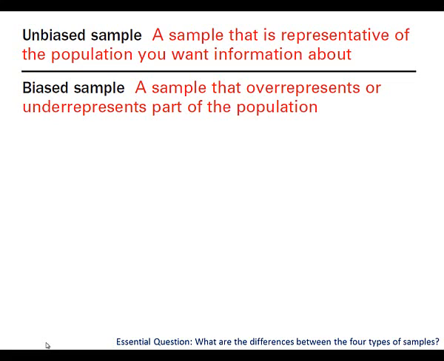So if 40% of the students at Tockwitz are 9th graders, we want to make sure 40% of our survey was 9th graders. A biased sample would be if 60% of our survey was 9th graders, when only 40% of our population is 9th graders.